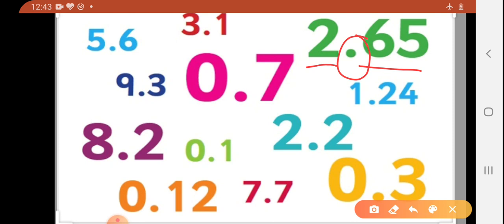The first part is called the integral part or the whole number. The number before the decimal, or on the left hand side of the decimal point, is known as the integral part, and the number after the decimal is called the decimal part.